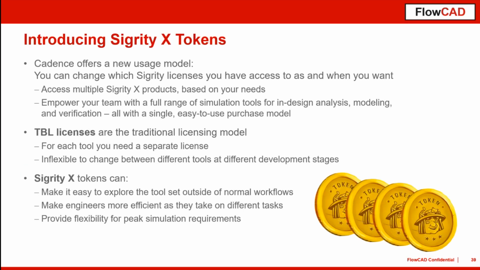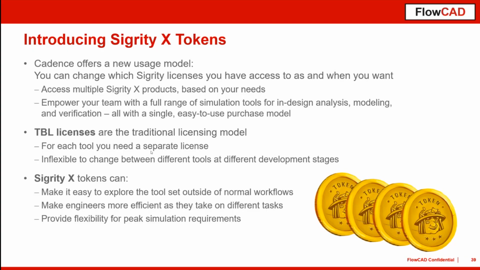As you remember, I've mentioned different point tools like Sigrity PowerSI for signal integrity analysis, Sigrity PowerDC for IR drop analysis, and for example OptimizePI for power integrity optimizations related to the decoupling schemes. That is something that you can do now.